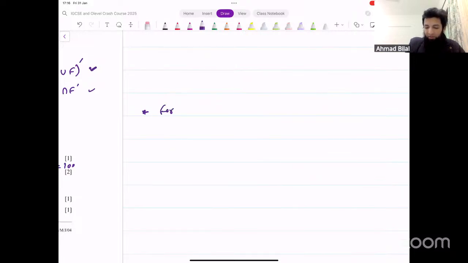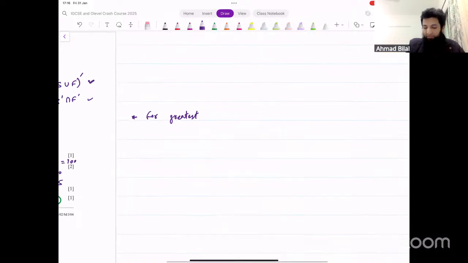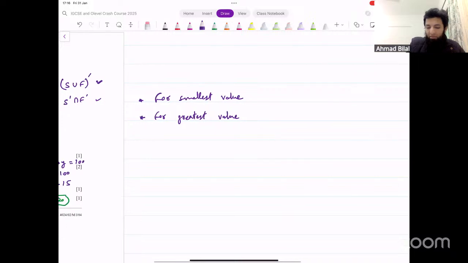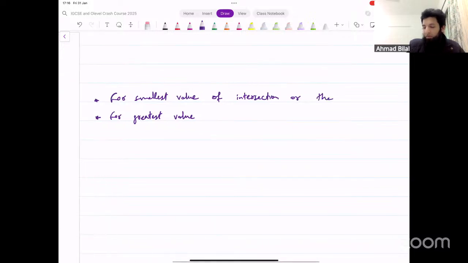For the smallest value of something in sets, smallest value of the intersecting part or the outside region.